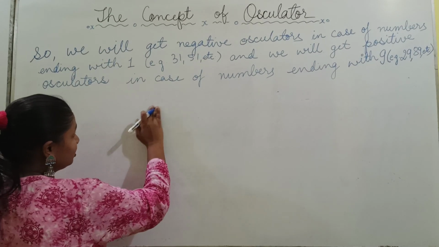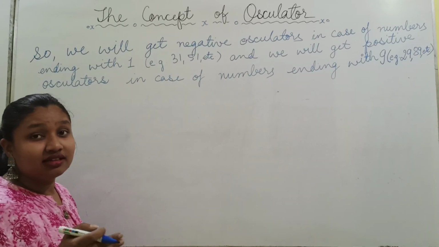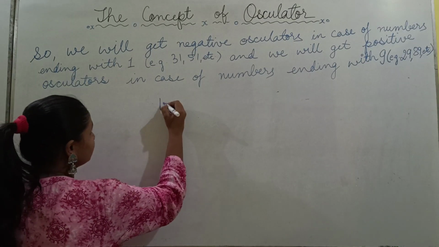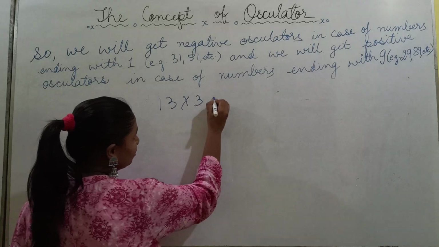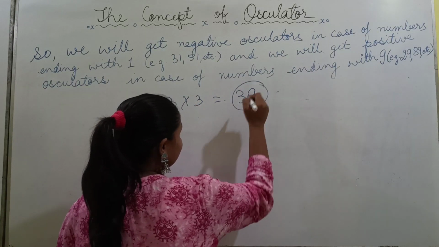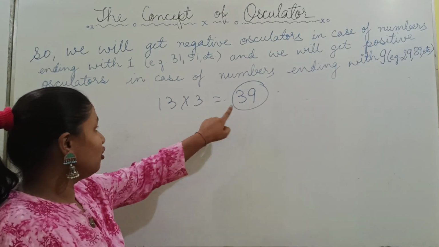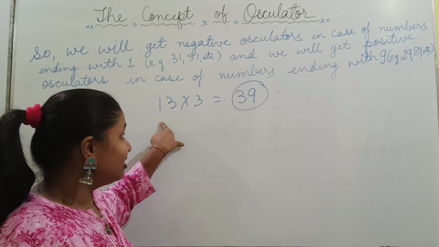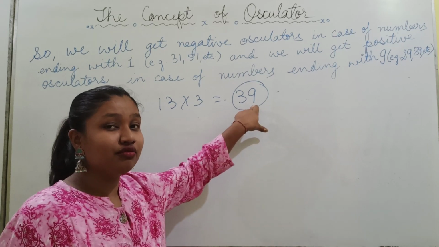Now we all know that 13 threes are 39, right? 13 into 3 equals 39. So 39 is the smallest multiple of 13 which ends in either 9 or 1.